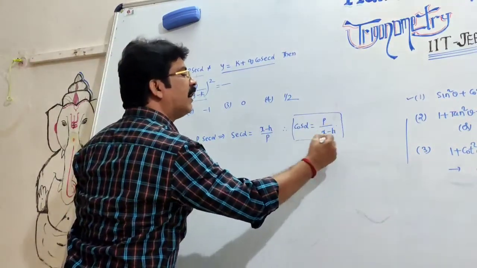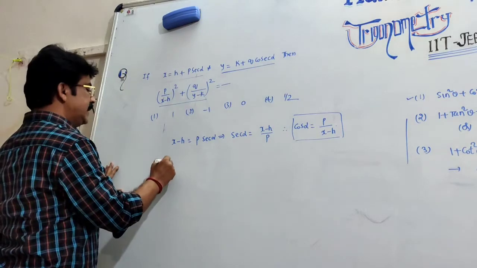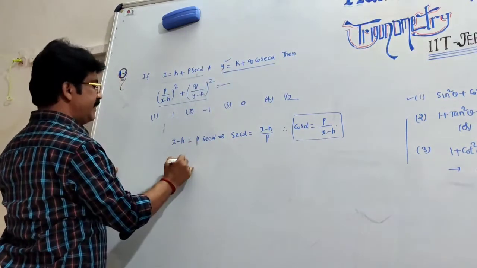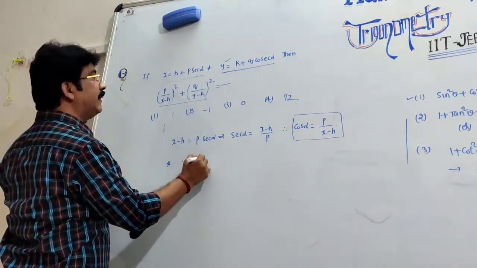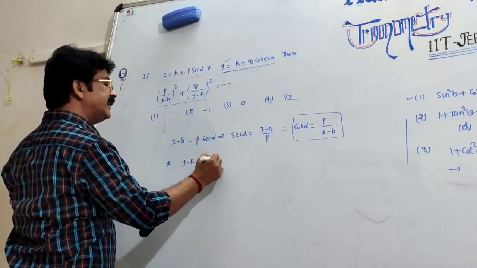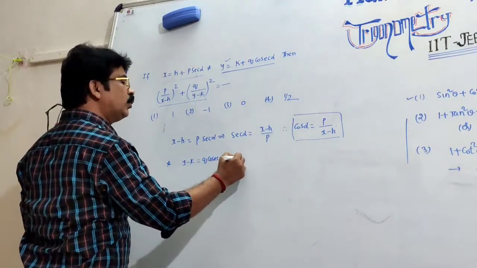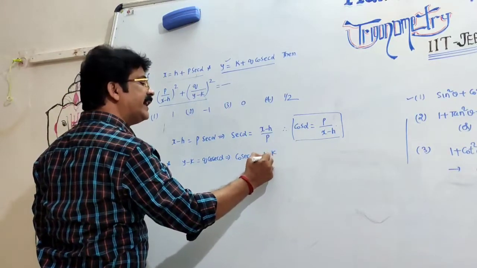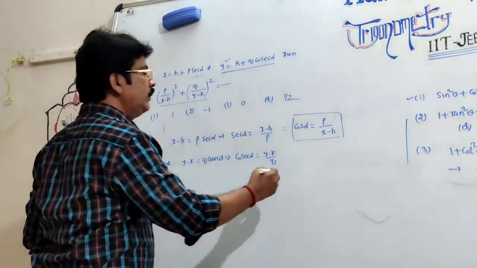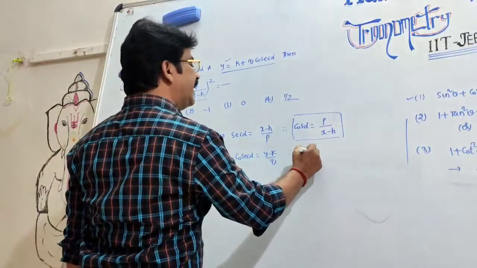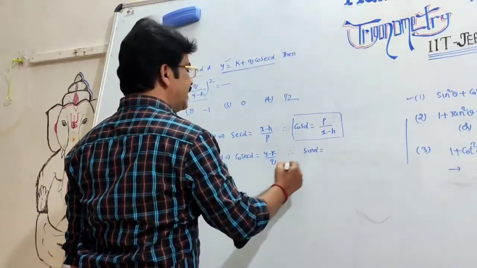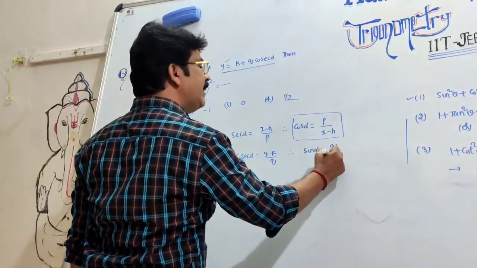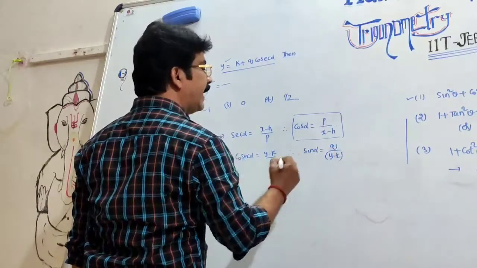This is cos alpha. Understand? And from the second equation, y minus k is equal to q cosecant alpha. So cosecant alpha is equal to (y minus k) divided by q. Therefore, sin alpha is the reciprocal: q divided by (y minus k).